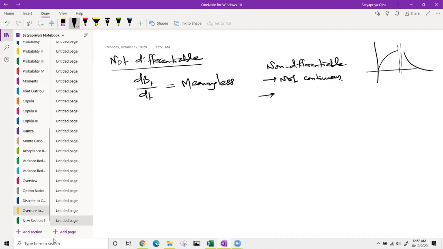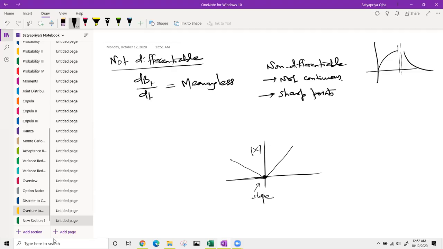The other reason that we know from ordinary calculus is if it has sharp points. Example, mod x. This is the plot of mod x. Although it is continuous everywhere, it's defined everywhere, there is no point where it is not defined, but at this point there is no slope.